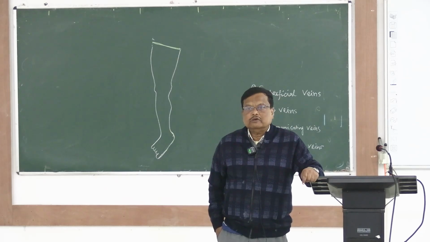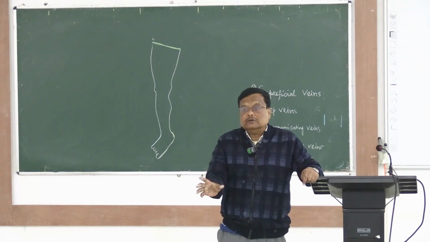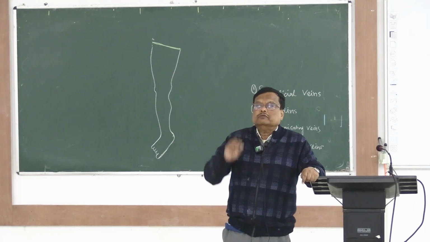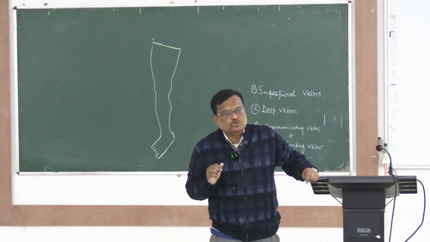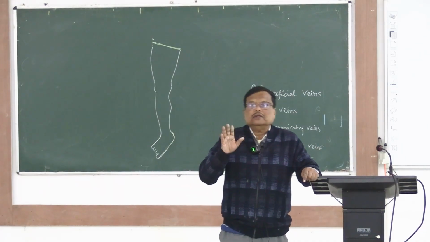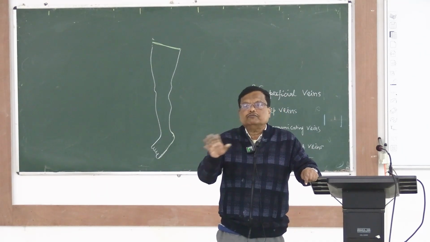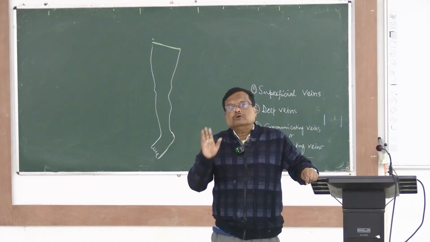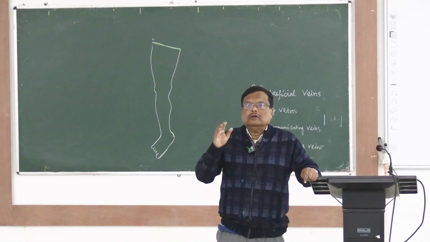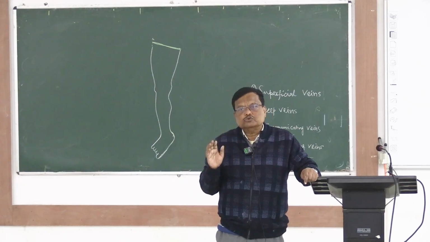Within the soleus, a very important, strong muscle of the back, there are veins within the muscle bulk, but here the veins are arranged as sinusoids. I will tell the difference between veins and sinusoids later. For the time being, the larger veins without any valve we call sinusoids, right?